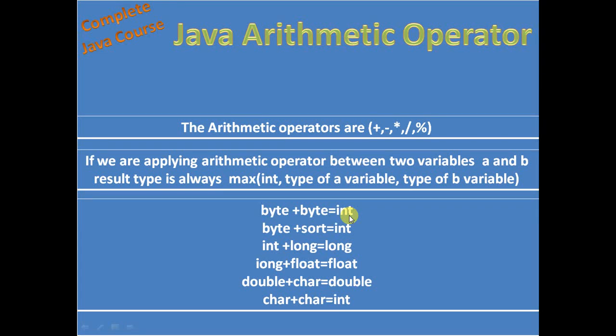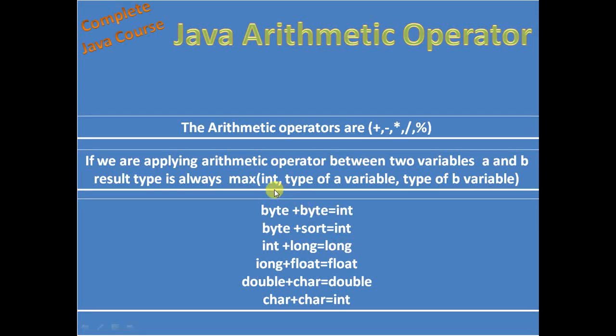In the same way, if you are adding byte and short type, then also the result will be int type. And if you are trying to add int and long type, then the result will be long. Why? Because the first variable is int type and the second variable is long type.